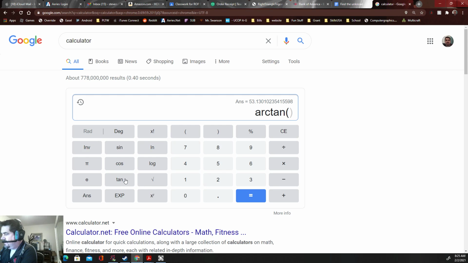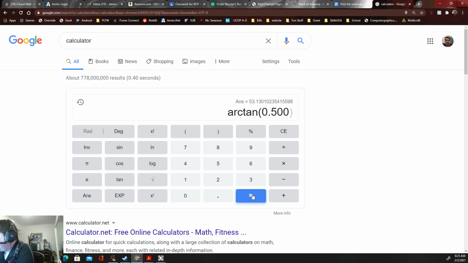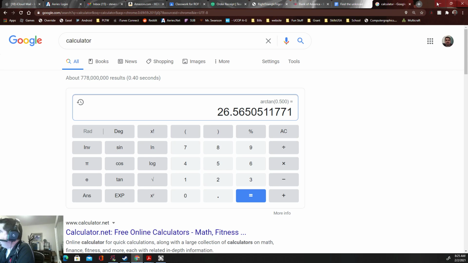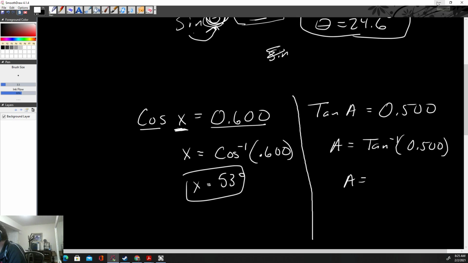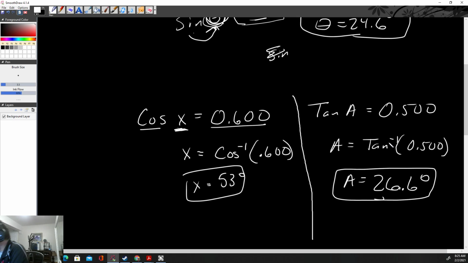We need the tangent inverse, so we click the arctangent. Then 0.500 is equal to 26.56, so we'll say 26.6 degrees. And that's all there is to it. We're just using this tool, is all. All right, I'll give you some sample problems here in the homework.